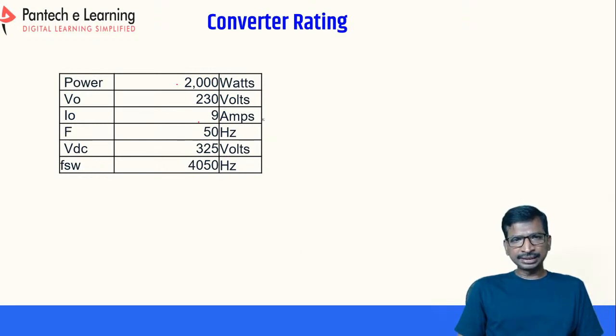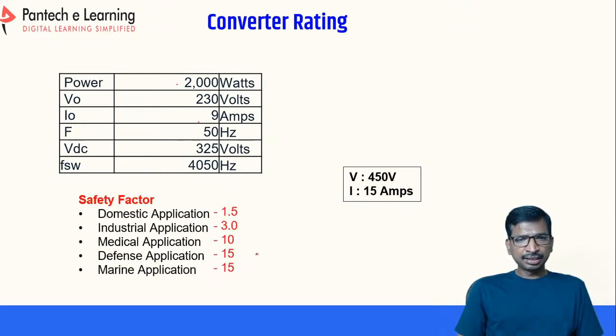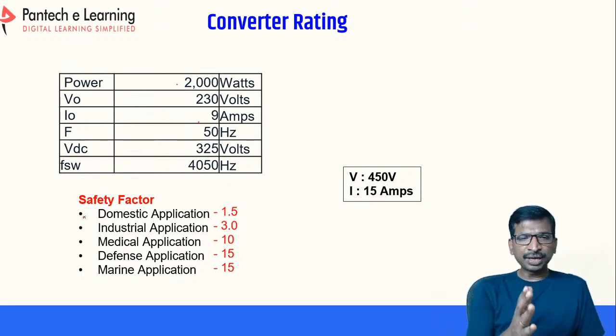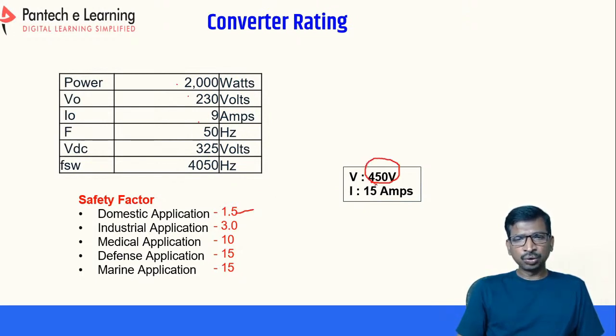See here the safety factor. For domestic applications, like if you are going to design your home inverter, the safety factor will be 1.5 times. See here, 230 voltage with 1.5 times, so let us assume that 450 is the voltage rating.